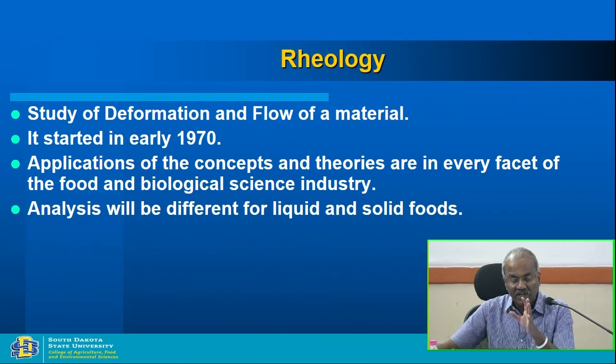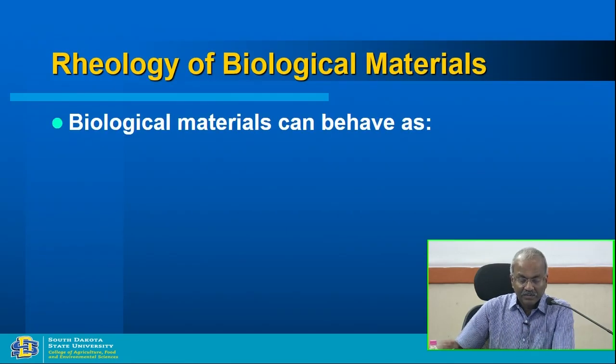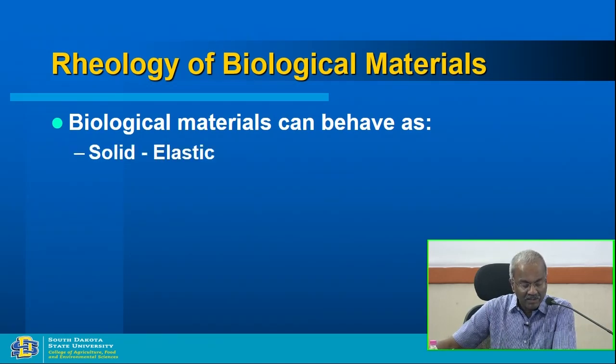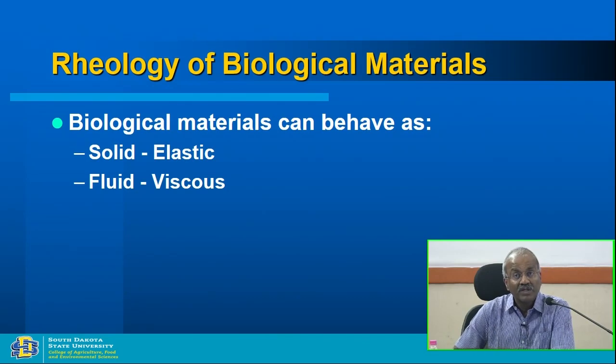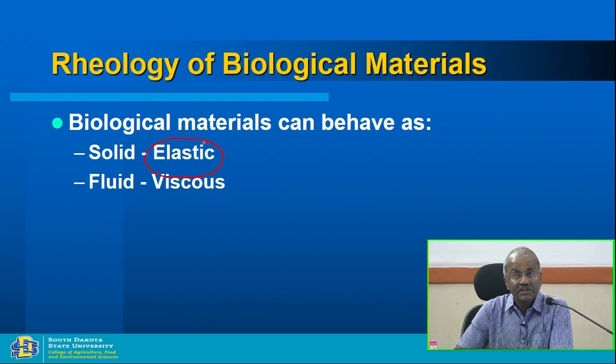Analysis of rheology will be different for liquid and solid foods, because solids deform and liquids flow. Biological material can behave as a solid, which is elastic, or a fluid, which is viscous. Now we are going to concentrate mostly on the elastic nature of the material, which is the solid material.